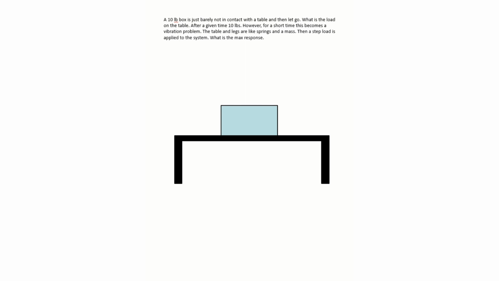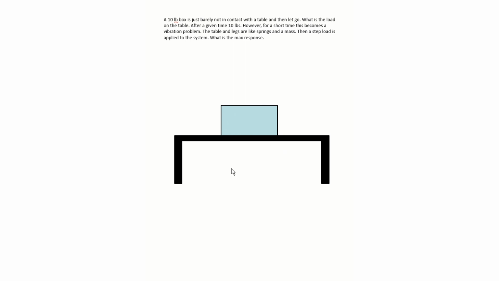But as we were finishing up class last time, we talked about having a 10-pound box, or a box of a given weight, just barely out of contact with the table, and then letting go of that 10-pound box and seeing what the load on the table would be.